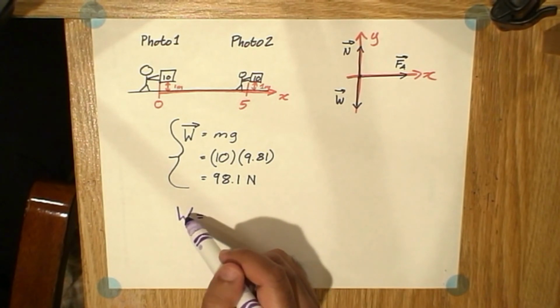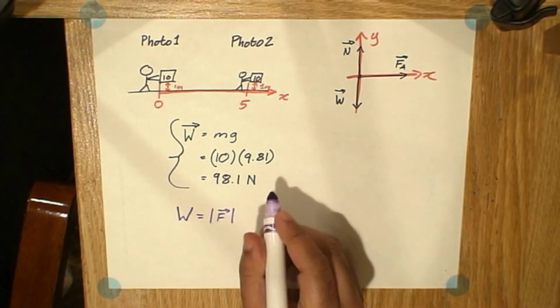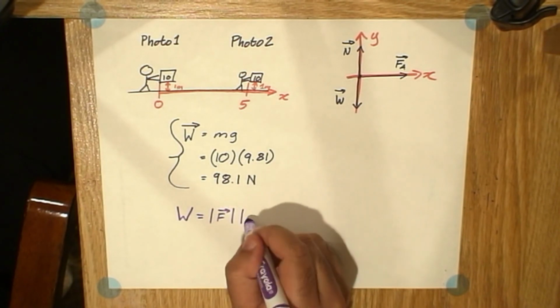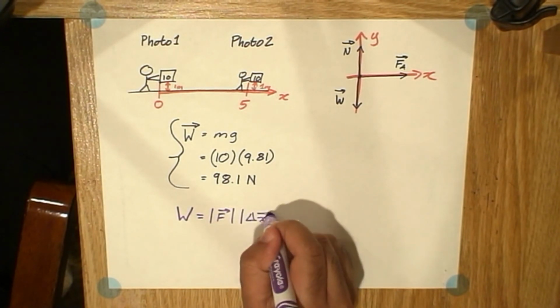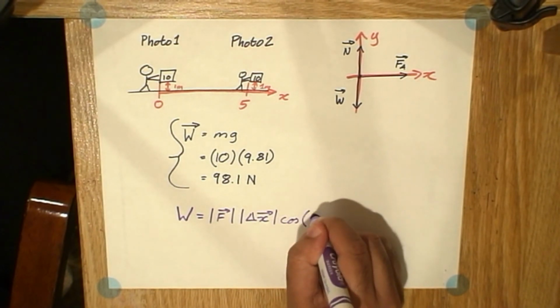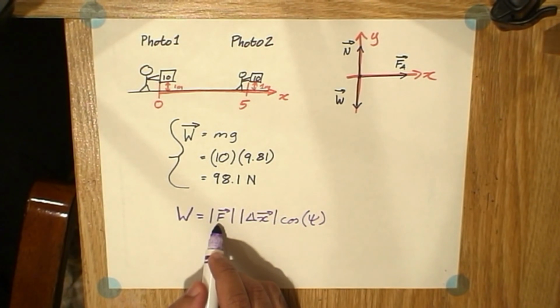This is a scalar, so we don't put a vector hat, is equal to the size of the force multiplied by the displacement of the object multiplied by the cosine of the angle between the displacement and the force.